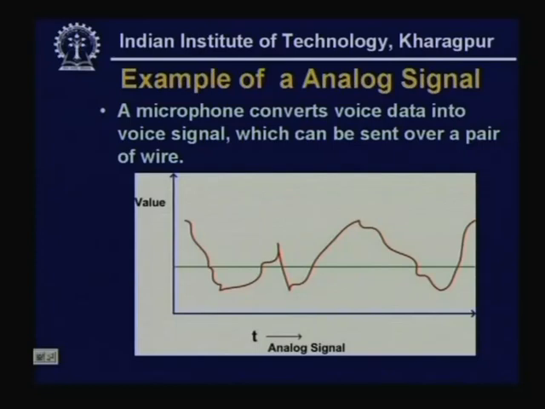That microphone is essentially a transducer which converts the vibration or pressure on the microphone into an electrical signal, generating a voice signal, which can be sent over a pair of wires. Here is an example, say t, and as you can see here you have that electrical signal with different amplitude values. On this side it is shown. So, this has an infinite number of values. So, it is analog in nature.